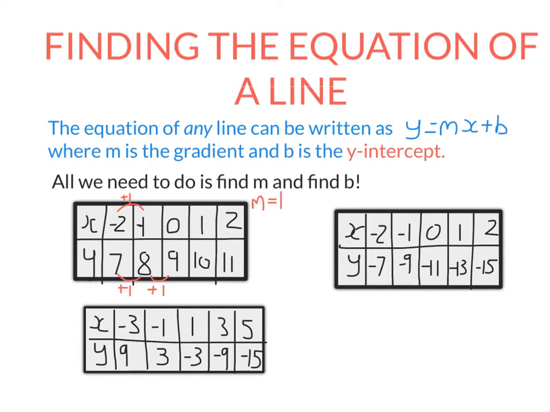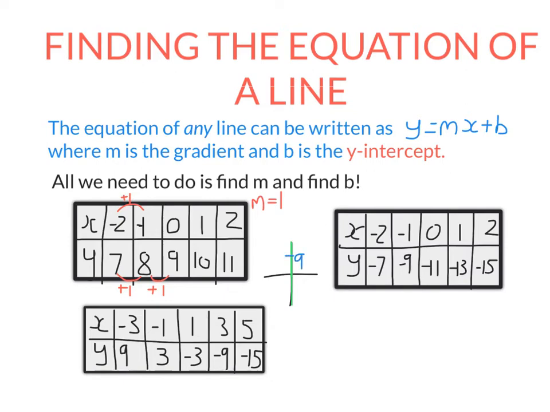So now what we need to do is find the y-intercept. So what is that? Well, let's say I were to plot this graph. It would be a straight line. The y-intercept is where it hits this axis here, the y-axis. So along here, the x-coordinate is 0. It would hit the y-axis up at 9.